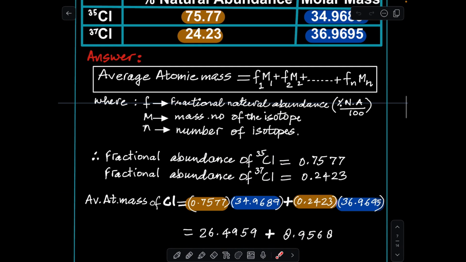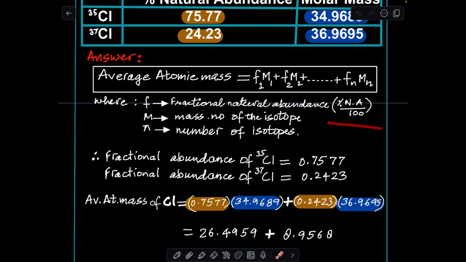So what we will do, first we will find the fractional abundance, as it is not given in the question. So the fractional abundance of chlorine 35 will be this and of chlorine 37 will be this, after dividing the given value by 100.